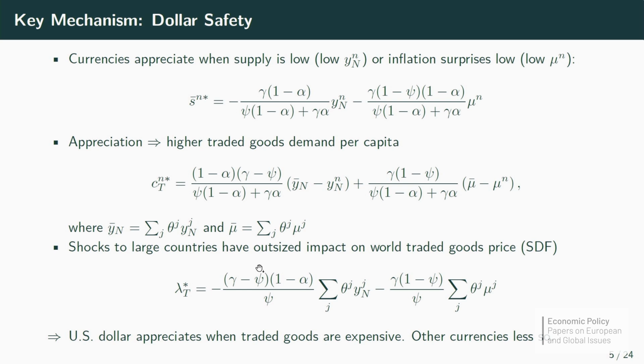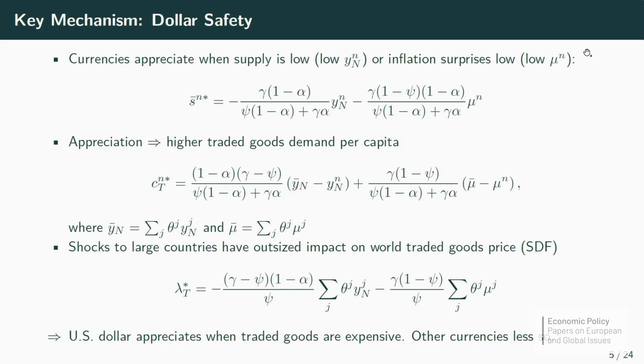However, because countries differ by size, the shocks of different countries are going to have different effects on the world price of traded goods. And the world price of traded goods also is going to serve as the stochastic discount factor to price assets in this economy. In particular, if you're the US, you're the largest country.